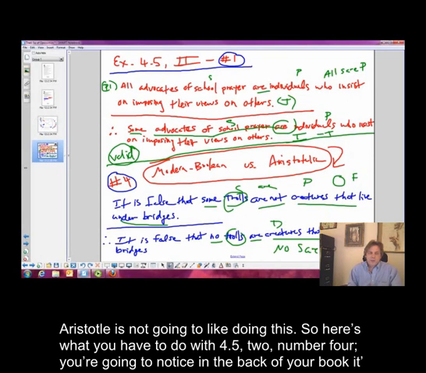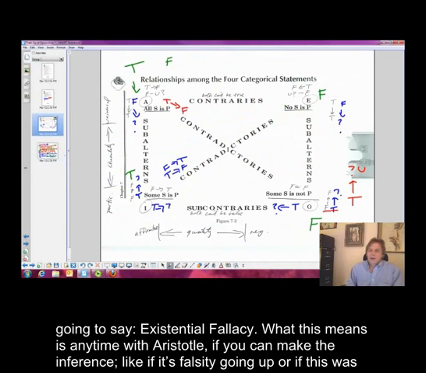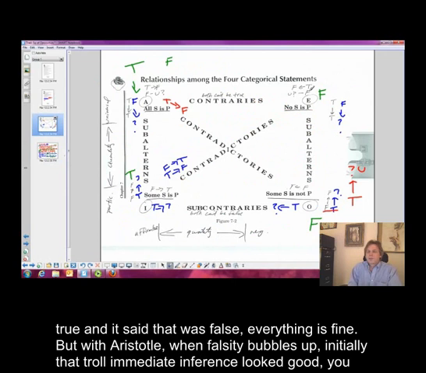So here's what you have to do with 4.5.2 number 4. You're going to notice in the back of your book, it's going to say existential fallacy. What this means is anytime with Aristotle, if you can make the inference, like if it's falsity going up, or if this was true and it said that was false, everything is fine.